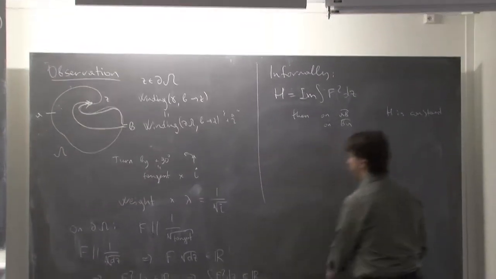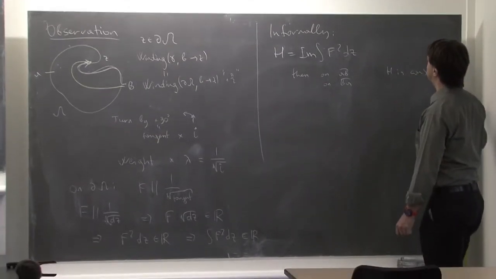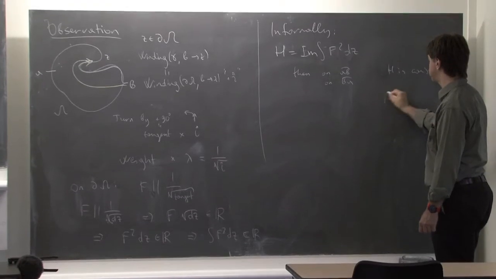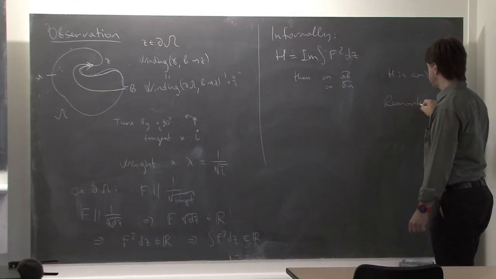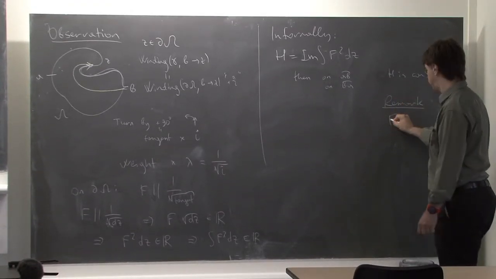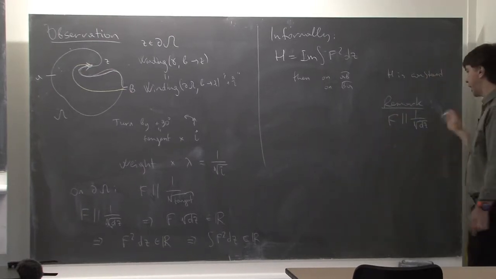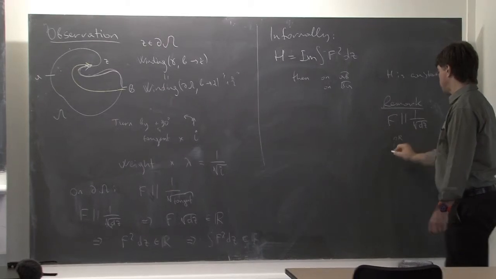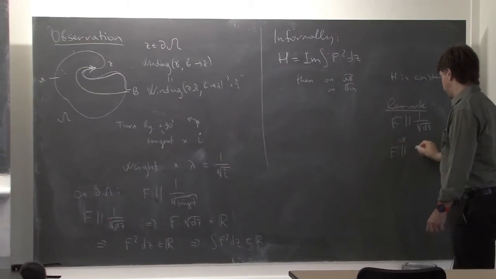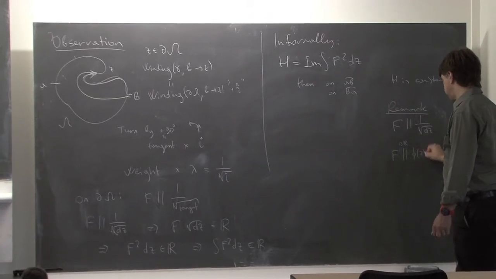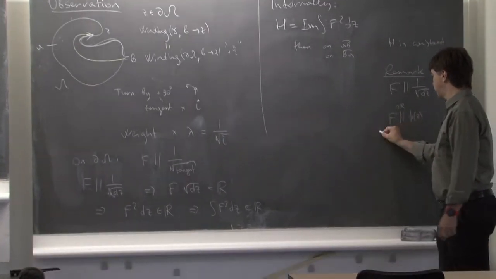Let me make a simple remark here, in the middle of the observation. Such a problem, that f is parallel to 1 over square root of the tangent vector, or more generally f parallel to some function phi of z, is called the Riemann boundary value problem.